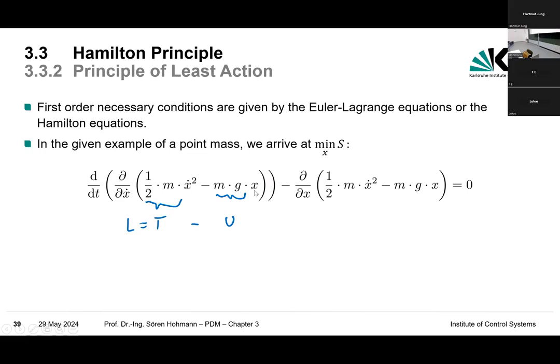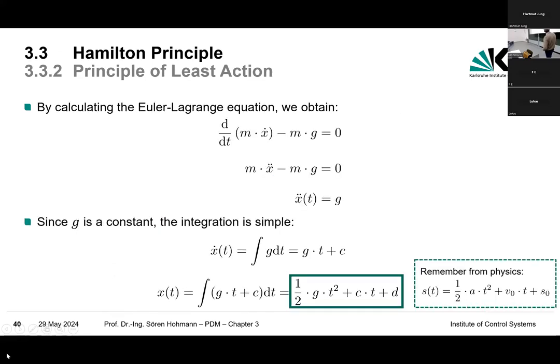Sorry, there is a mistake. Should go over here. Obviously, we get 2 times x dot times m divided by 2 gives m x dot. Here we get an expression with respect to x, which is mg, so we get d/dt of m x dot minus mg is equal to 0, and not surprisingly, x double dot is equal to the gravitational acceleration.